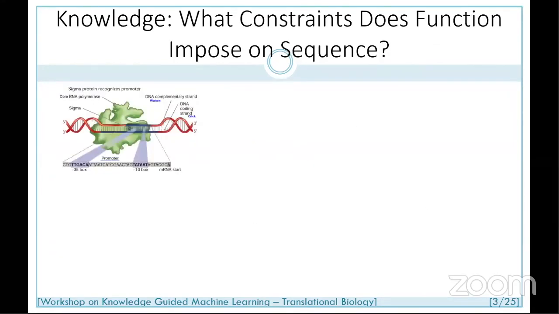And I just want to give an example of how biological knowledge can get you to very powerful models. We have studied many different, what I would call recognition problems, that ultimately end up being classic classification problems. What I'm showing here in this figure is a promoter region. It used to be a very classic and very appealing problem for machine learning researchers to identify promoter regions in DNA.